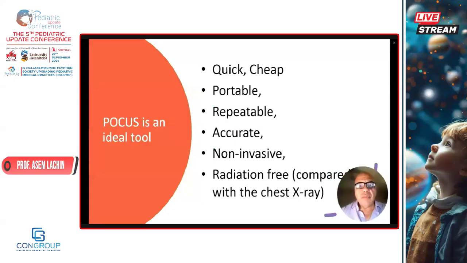All of us know that ultrasound is quick, cheap, portable, repeatable, accurate, non-invasive, and hazard-free because it involves no radiation. That makes it an ideal tool for diagnosis and therapy.